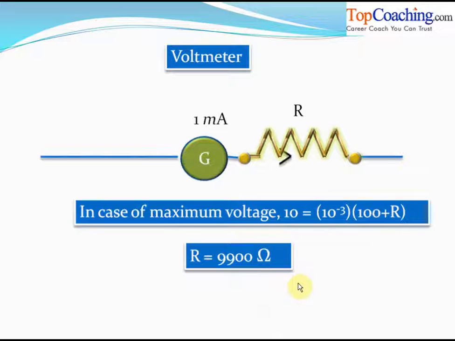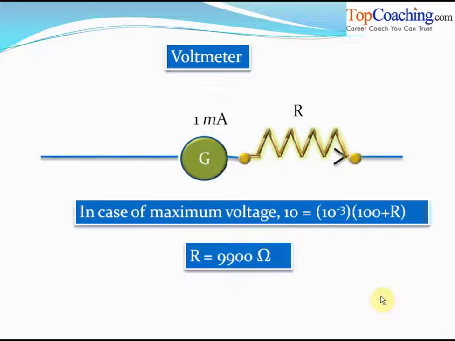So basically the net resistance that must be connected in series with the galvanometer to turn it into a voltmeter is 9900 ohms. All we did in this case was that we considered what the maximum voltage measured by the voltmeter was, and we equated it to the maximum possible potential difference across the voltmeter.